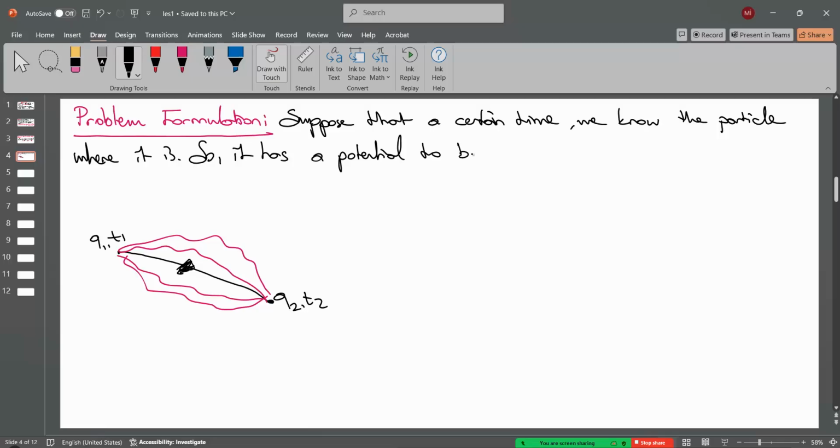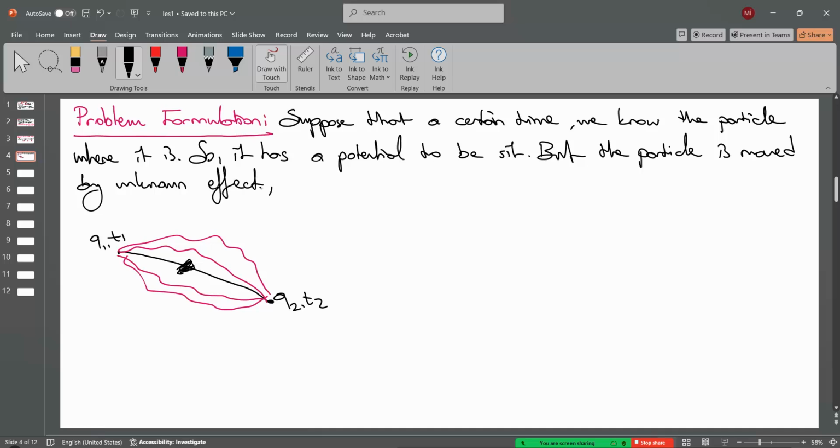Okay, and so it has a potential to be set here. Okay, but the particle is moved by an unknown effect.